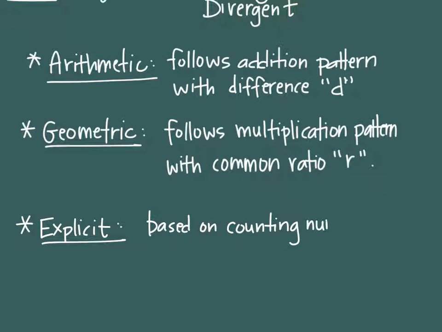And the counting numbers are when you plug in 1, 2, 3, 4, etc. So that's an explicit sequence. You just plug in the number 1, plug in the number 2, plug in the number 3, plug in the number 4. That's called explicit.